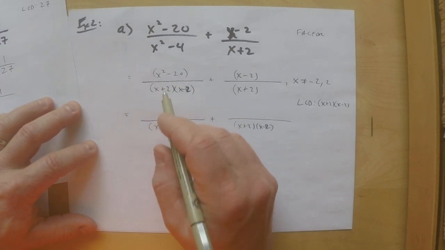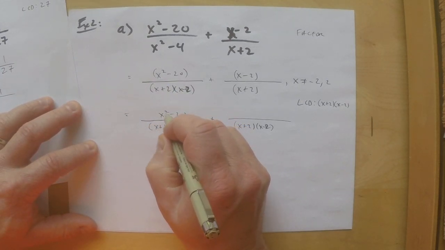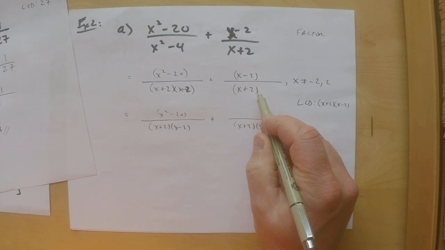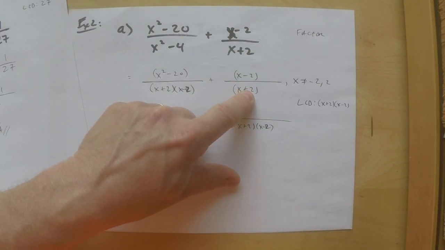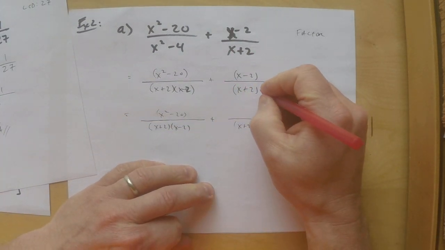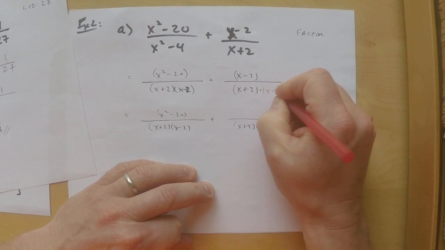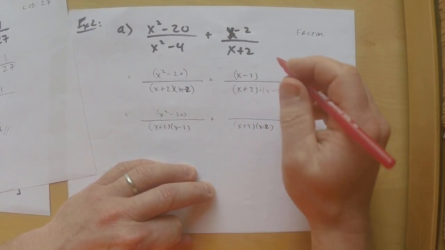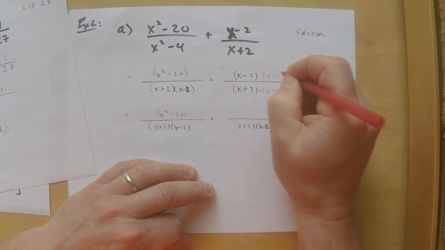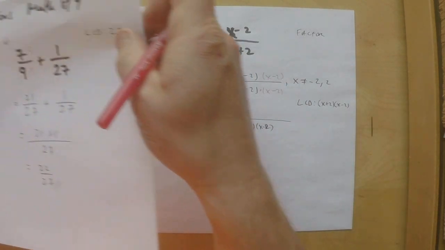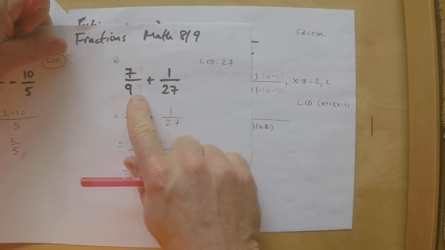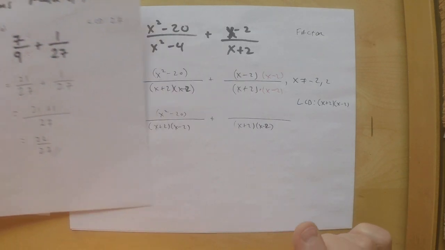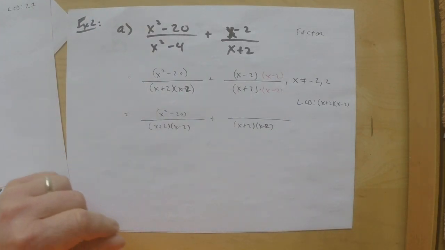This stayed the same, so I'm going to recopy that numerator, no change. But this guy here has to get multiplied by something in order to become the LCD. I need to multiply the bottom by an x minus 2. But then I have to multiply the numerator by an x minus 2. Equivalent to this move here when we multiplied top and bottom by 3. Same difference, just uglier factors.